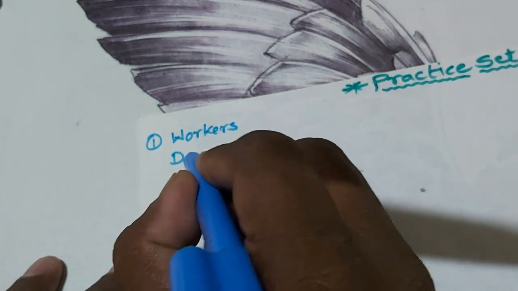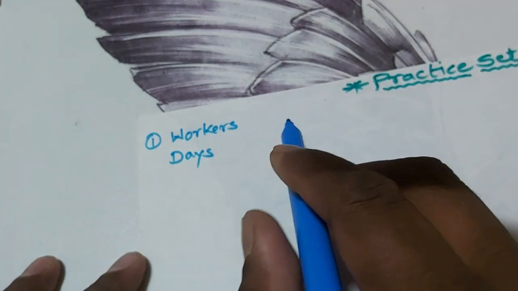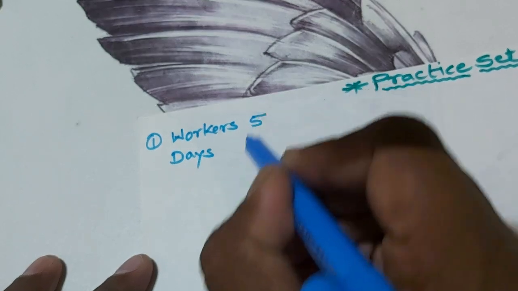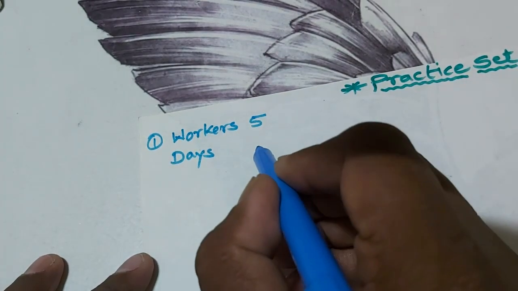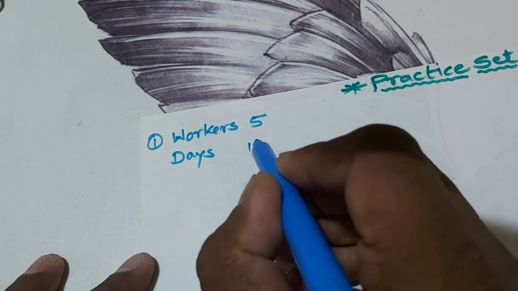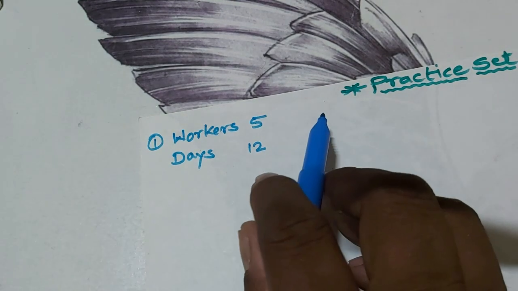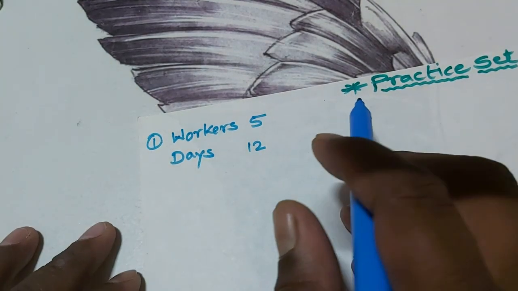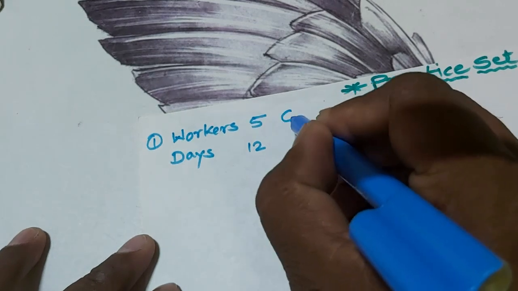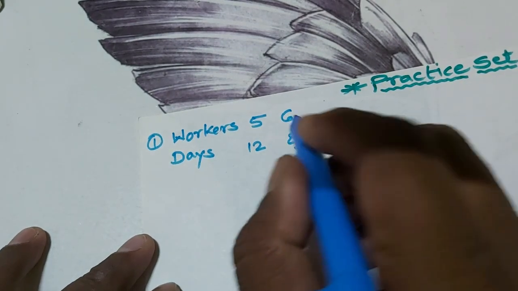First, 5 workers took 12 days to weed a field. Then, 6 workers take how many days, that we have to find.